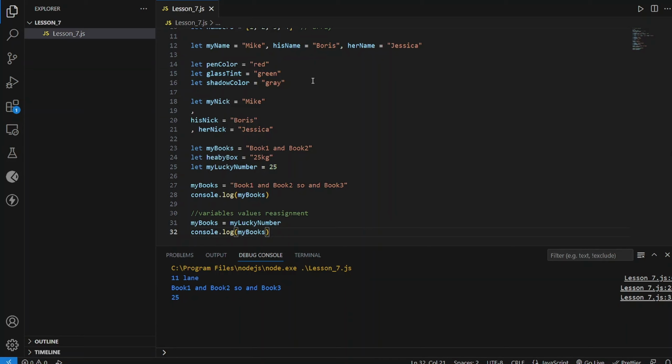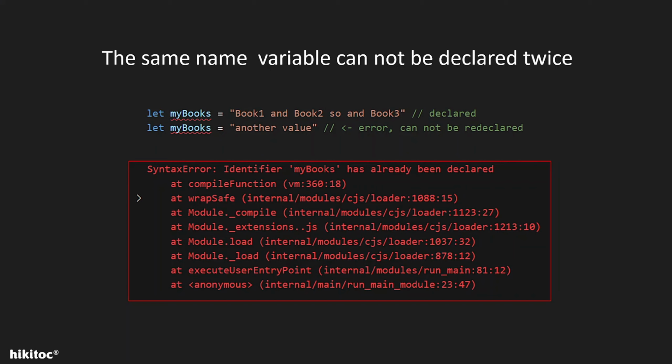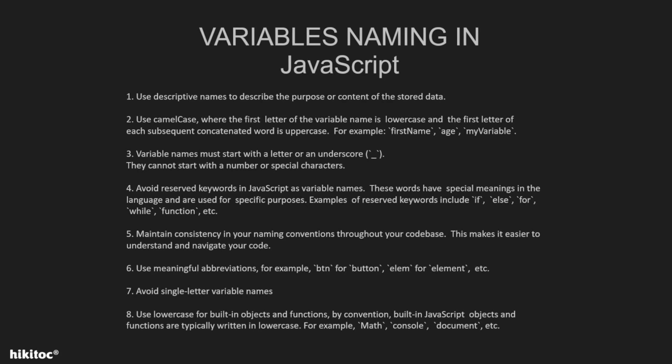And if I console log my books, we will get the value of 25, because we reassigned the my lucky number value to my books. So you can reassign the value, but you cannot declare the same name variable twice. If I try and create the same variable let my books, I'll get an error, so a variable can be declared only once.